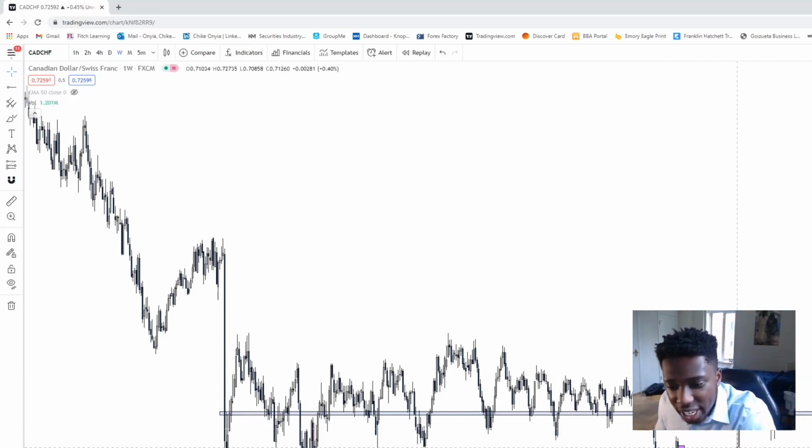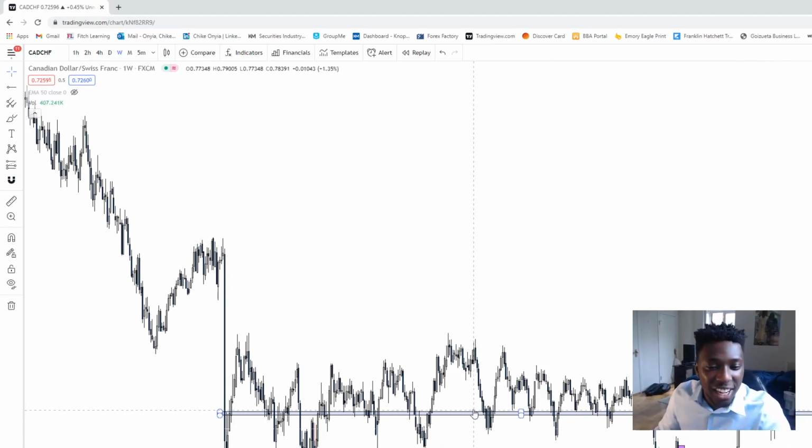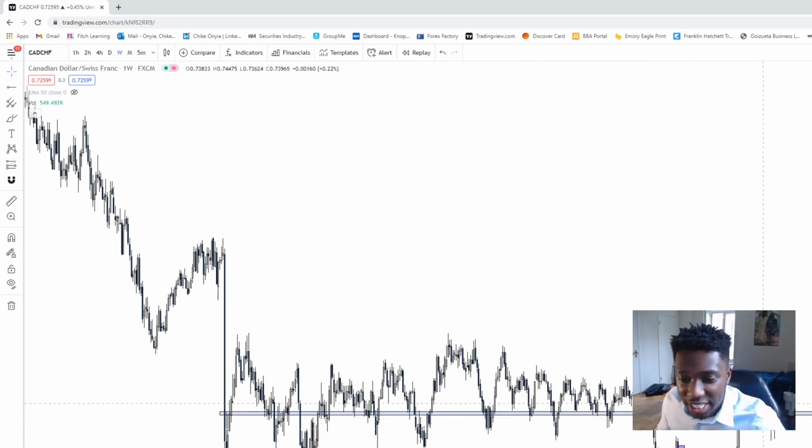So we saw here that CAD Chef came back into this level, consolidated a little bit, what we call distribution, and started to fall back down, just like it has done in the past when it usually comes around this area and bounces off. So we had this big move where it bounced off a little bit, but it shot down. But now we saw that it was able to stay a little bit, and so that means it's probably going to keep going down for a while.